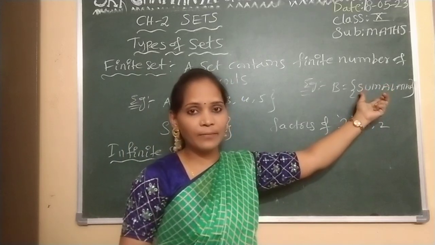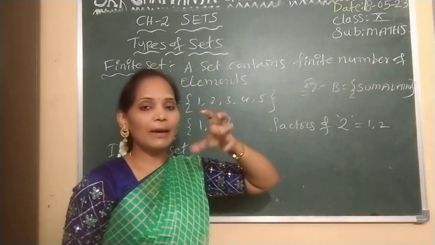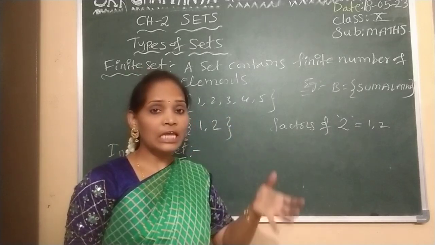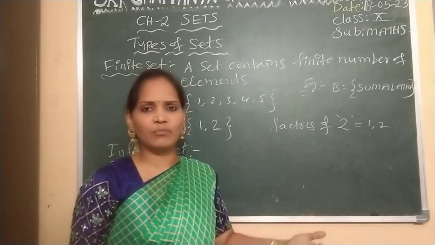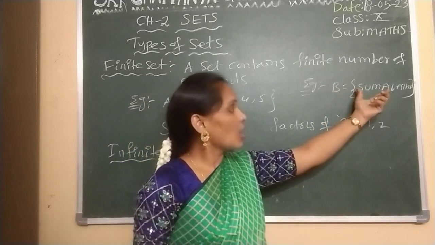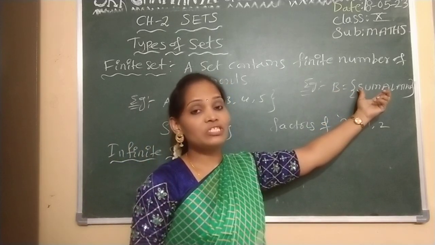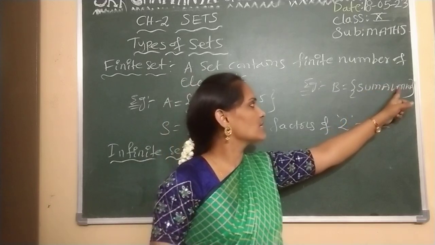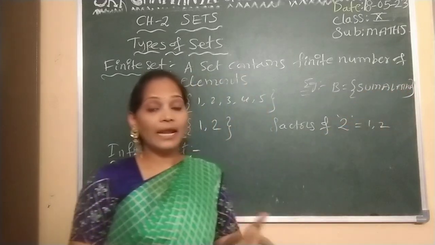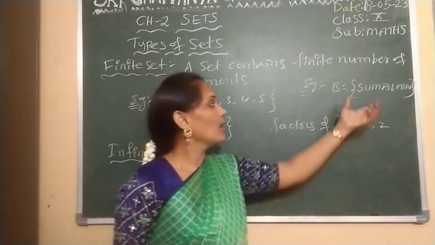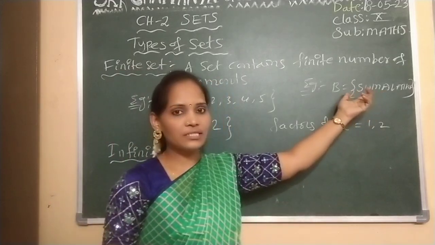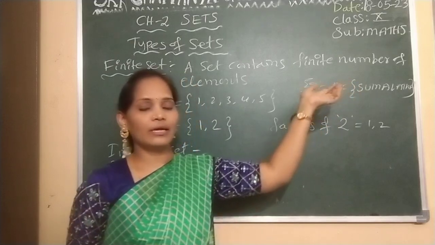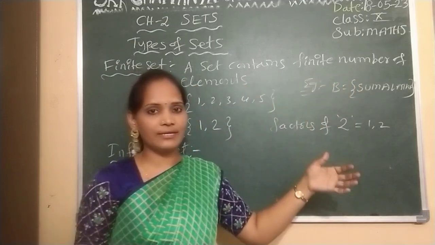In this name, some number of elements are there. Can we count? Yes, we can count the alphabets in that name: 1, 2, 3, 4, 5, 6, 7, 8, 9. 9 alphabets are there in the name. So that is also an example of a finite set, right?